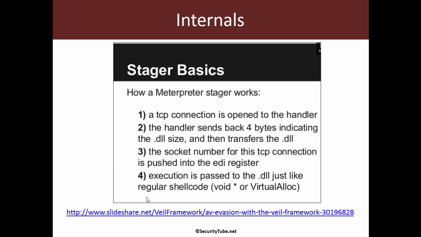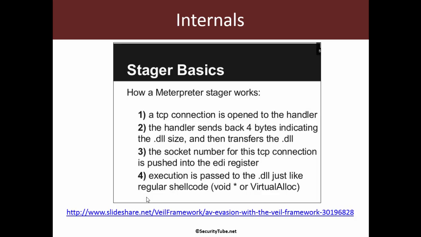Now, how does stage 1 really work? The original article was probably created by Raphael Mudge, the author of Armitage, and he had written some sample C code. I've picked up this slide from the Veil Framework's website, and they have a quick synopsis: a TCP connection is first opened to the handler, and then the handler sends back 4 bytes indicating the DLL size.